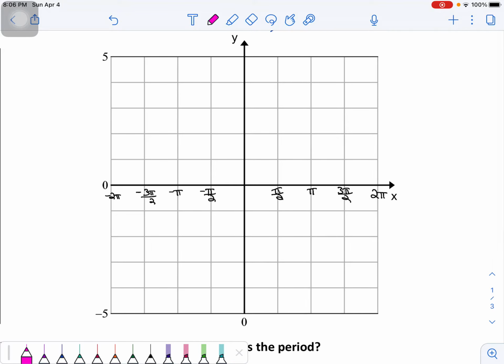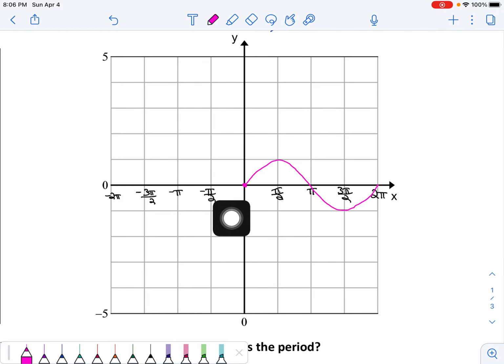So negative 2 pi. So my sine curve starts off at 0. It increases up to 1, back down to the midline, to its minimum, back to the midline. Now, if I continue this curve to the left, I would start from the origin.